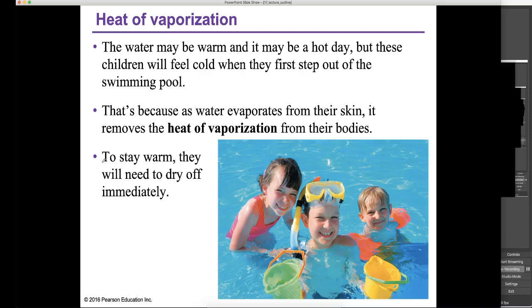And the heat of vaporization. When some material is undergoing vaporization, it will take some heat away.